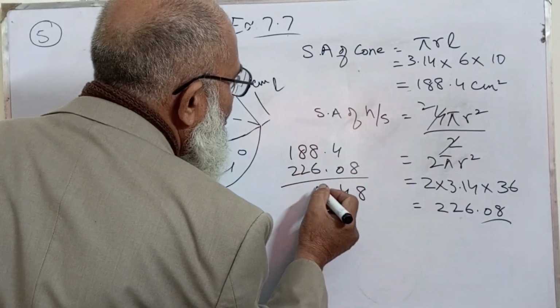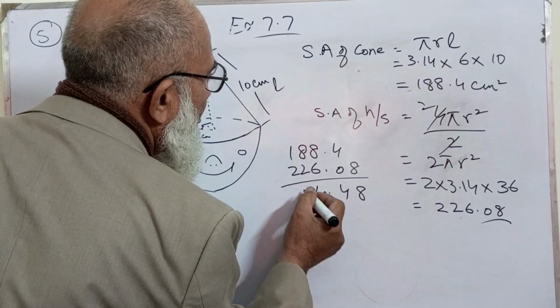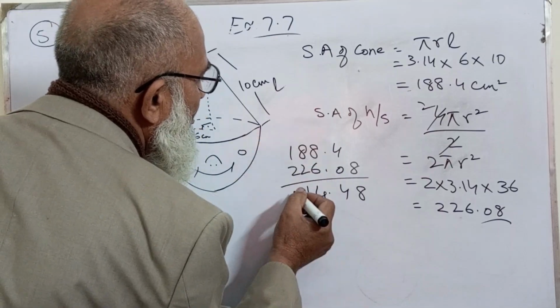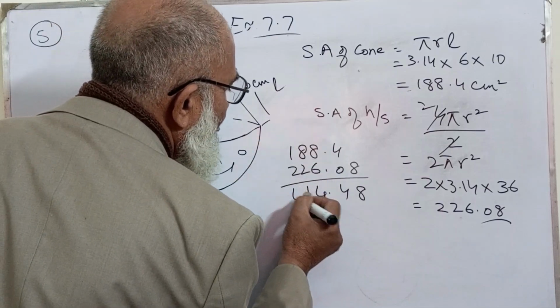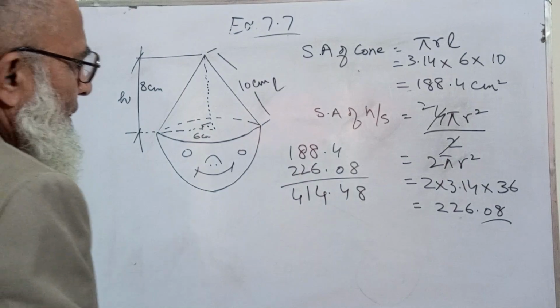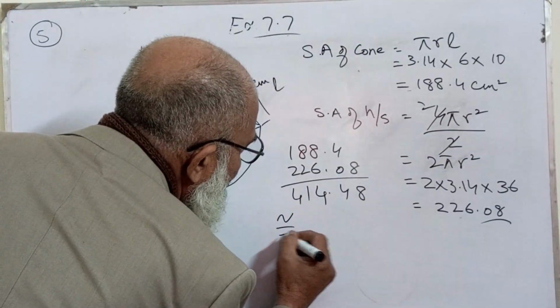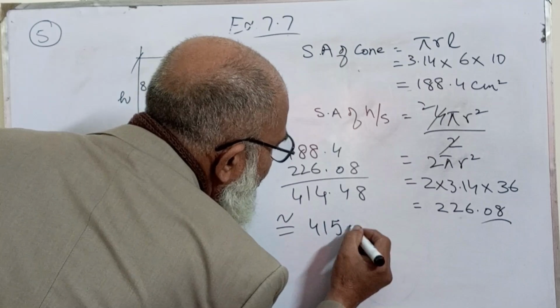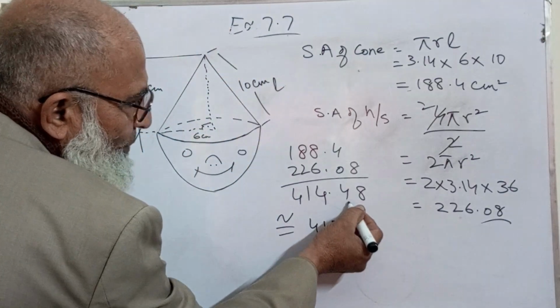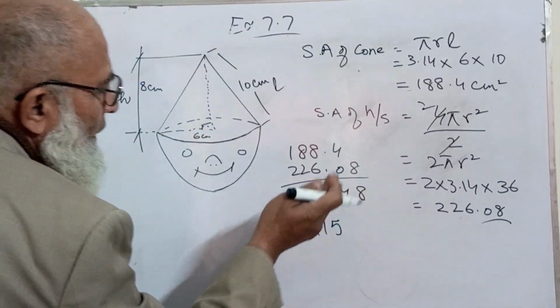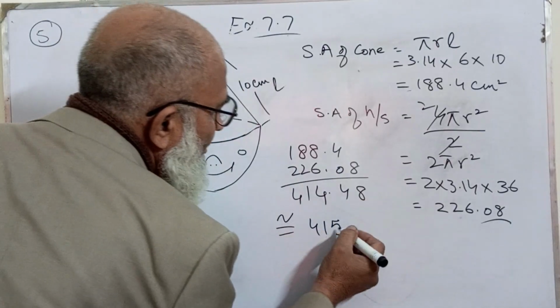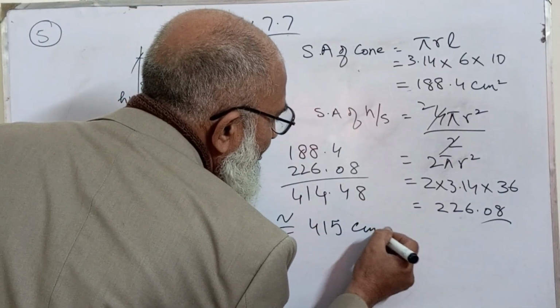So it is 4, 1 and 4. Okay, it is correct. The answer given to you is 415. As I told you, it will become 0.5, then 1 will come over here. So it will become 415 centimeters square.